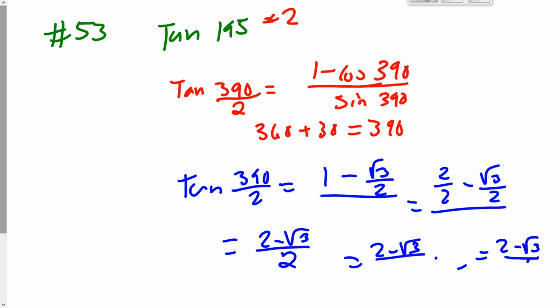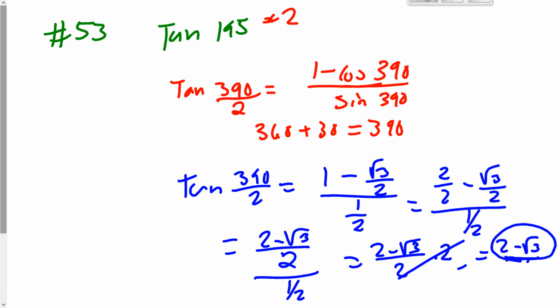So sine of 30 degrees is, sorry, 1/2. So divided by 1/2 is the same as times by 2, so those 2's will cancel out, and we get 2 minus root 3. So there's our answer, 2 minus root 3. Sorry about the confusion there. Make sure you get your formulas correct, which ones you're using, right? So that should be good, okay?